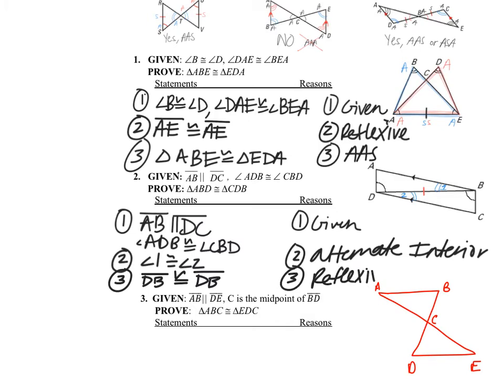Hopefully you wrote smaller than I did because I'm running out of room. You have everything you need now. So to help myself out, I would go to my picture and I would maybe mark little A's and little S's so I can see how it's congruent.